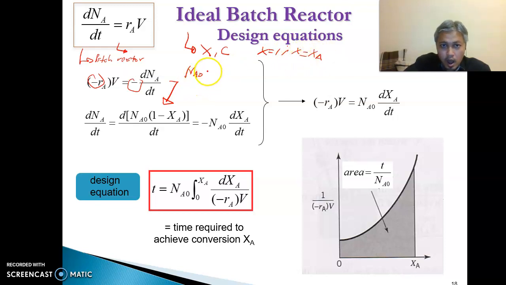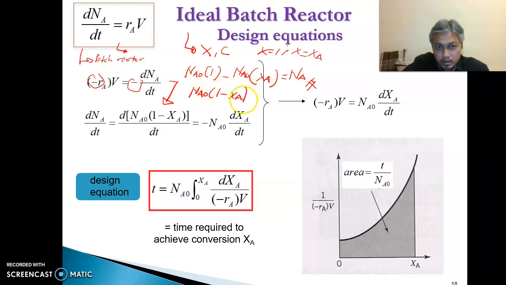So how to write this? We can do it like this: the initial mole minus the initial mole times Xa at a certain time, and then we will get the number of moles Na. We can factorize this: we put Na naught outside, then 1 minus Xa, and that equals Na.